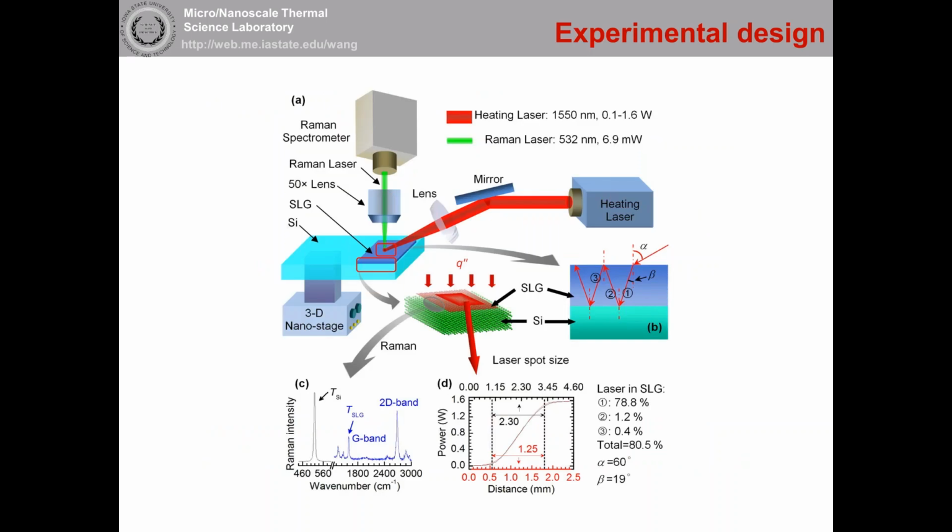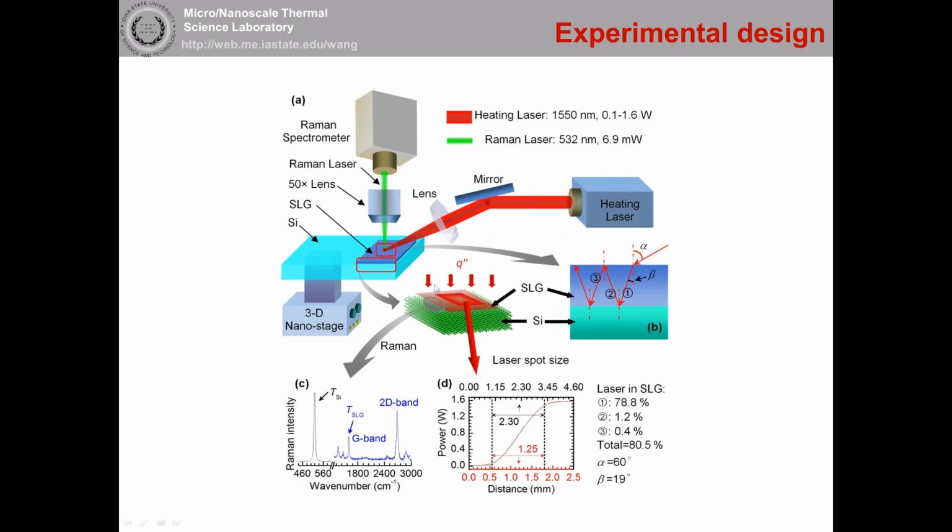The challenge is that measuring this interface resistance is very, very difficult. Because graphene is very thin, you need to know how much energy you apply and what the temperature difference is between the graphene and the substrate. One of the experiments we have conducted is graphene on silicon, with the confocal Raman shooting the surface.